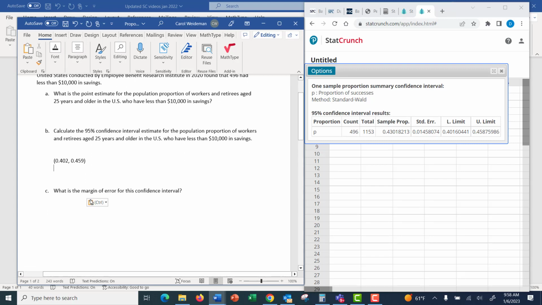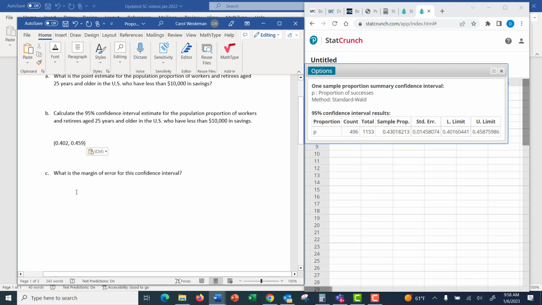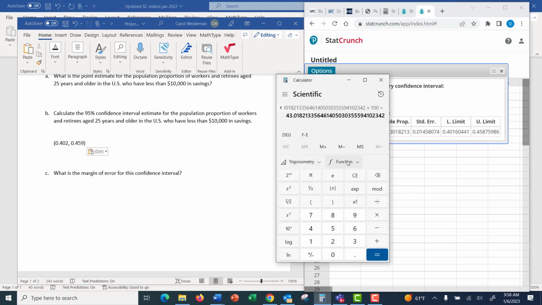And the reason I did that is in Part C, we want to calculate the margin of error. And if you remember, the margin of error is half the width of the confidence interval. So if I take my calculator and I'm going to take the upper bound of the confidence interval that I just found, which was 0.459, and I'm going to subtract the lower bound, which was 0.402, and then I'm going to divide by 2.